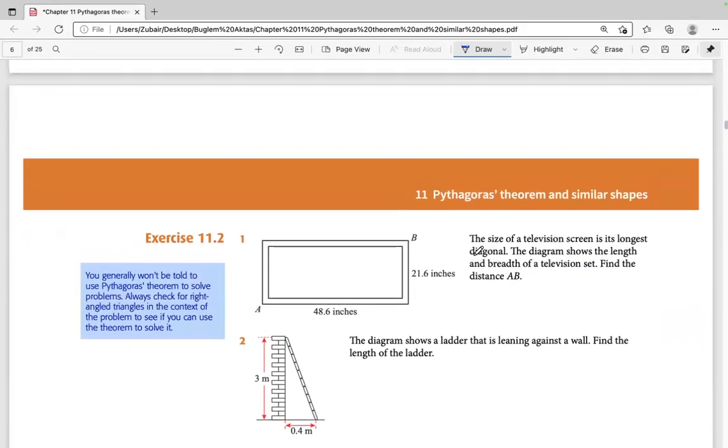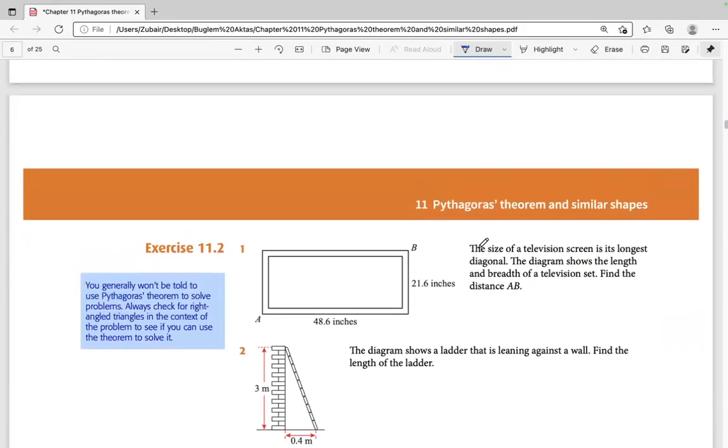Question number 1. The size of the television screen is its longest diagonal. The diagram shows the length and breadth of the television set. Find the distance AB. They're just adding stories, so it's just a diagonal, Pythagoras.